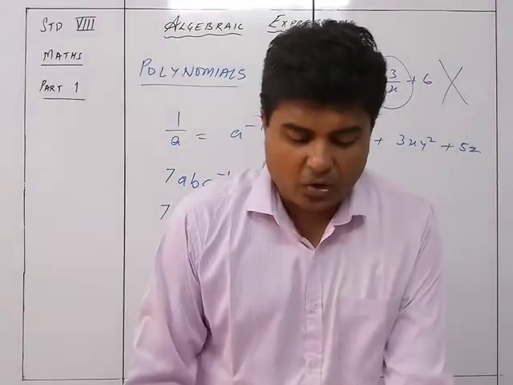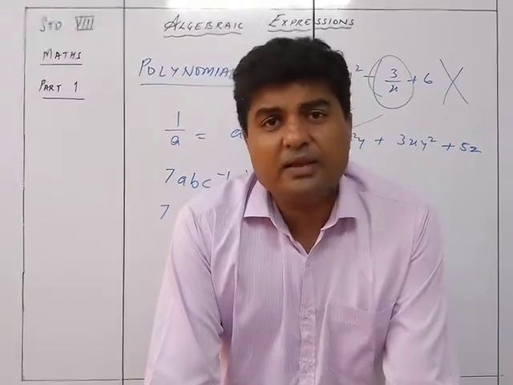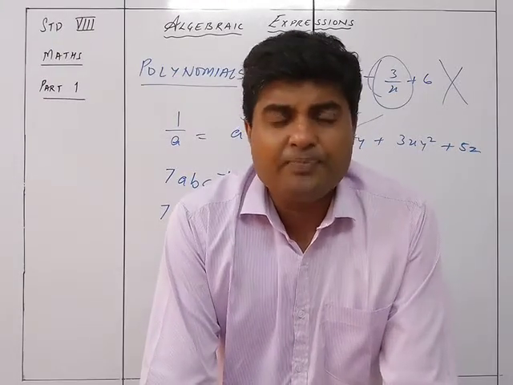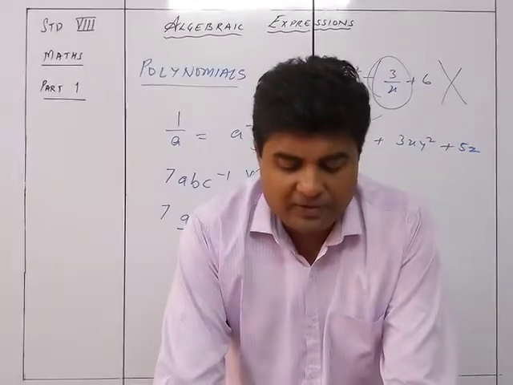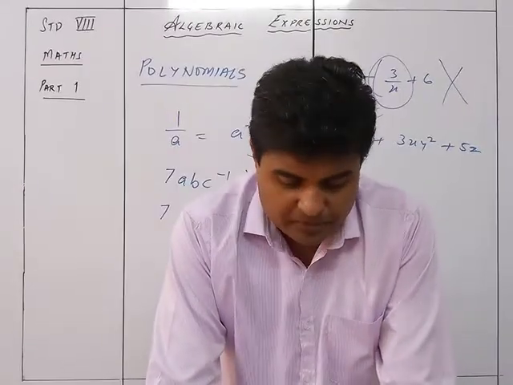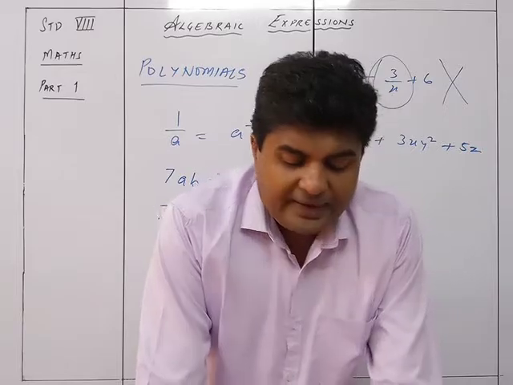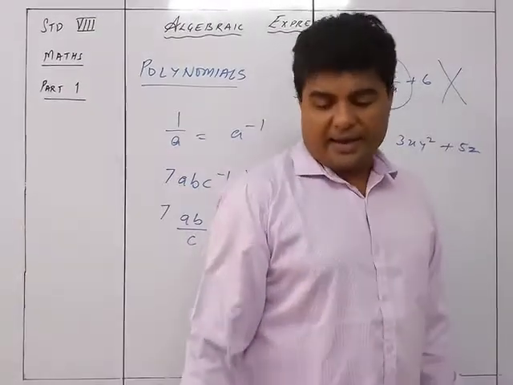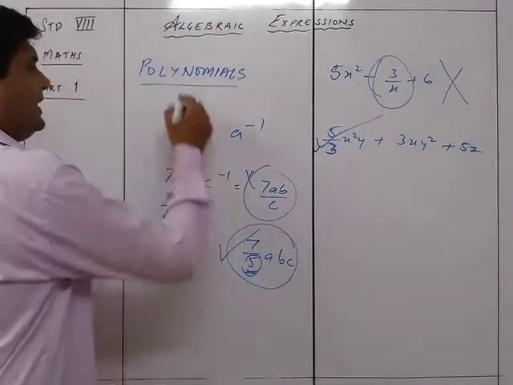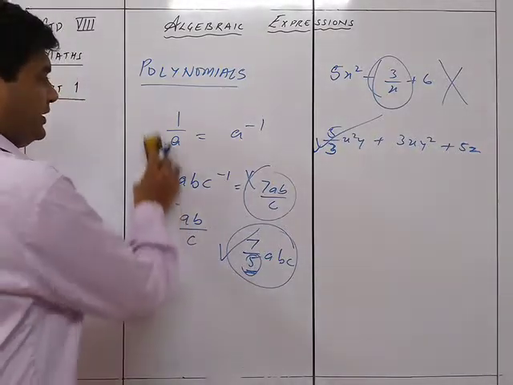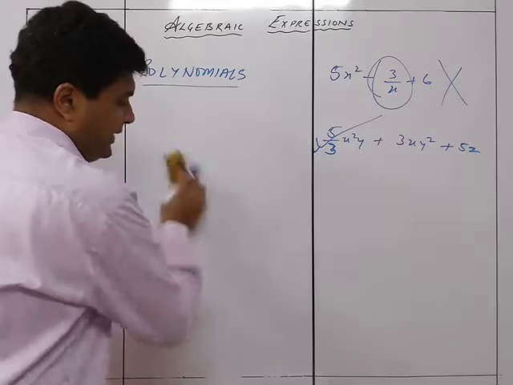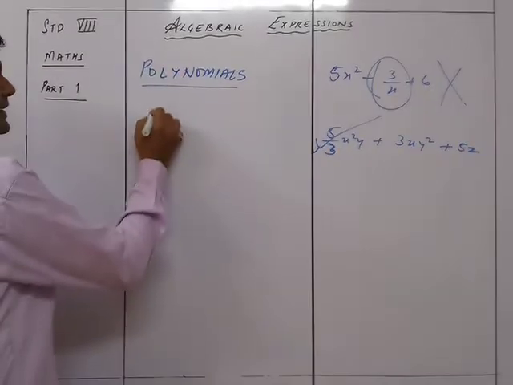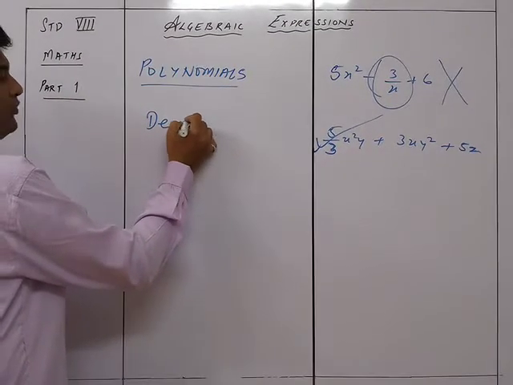Hence, we see that they are called polynomials, and then the polynomial will have a type. If there are two terms, binomial; if there are three terms, trinomial; and if there are more than three terms, multinomial. Now each and every polynomial has got a degree of polynomial.